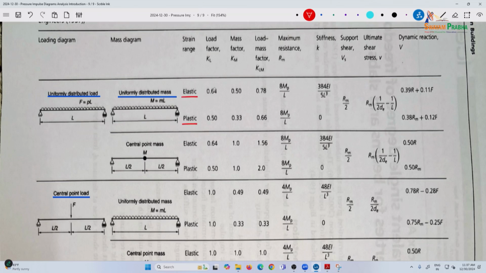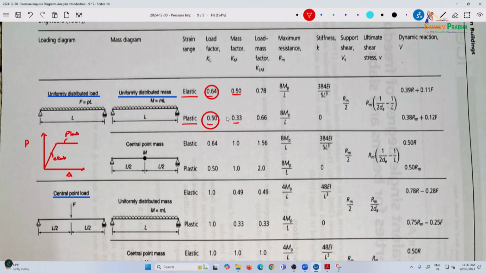The load factor KL is 0.64, Km is 0.5, and you see the distribution of the elastic mass factor and the load factor in the plastic range. When we talk about the elastic-plastic range, P versus delta, we are talking in this range elastic, and in this range plastic. They are not the same.